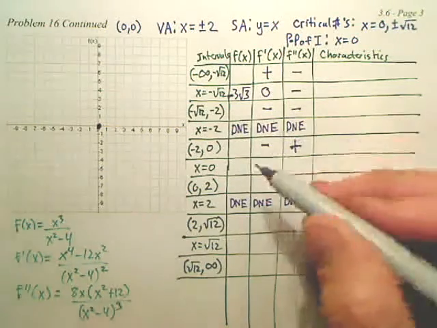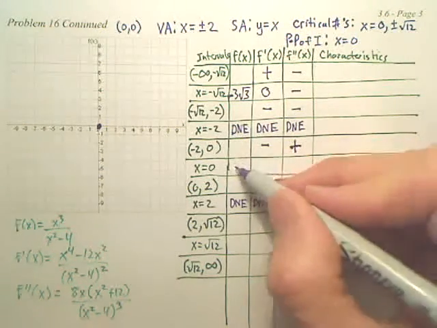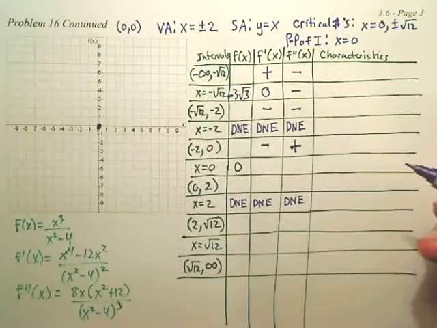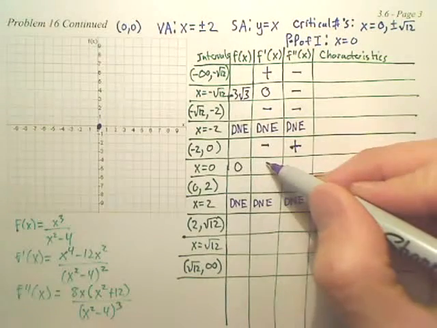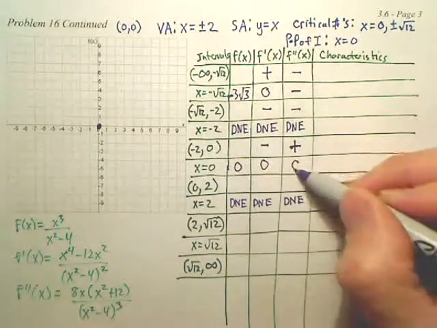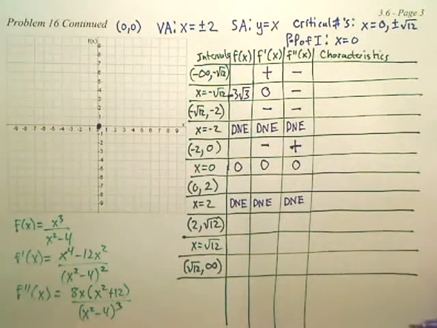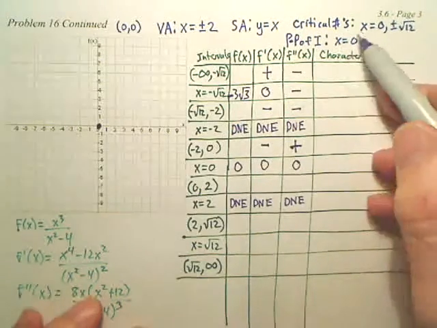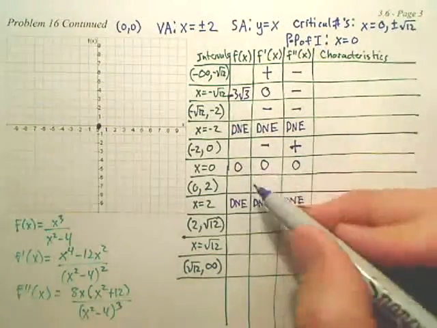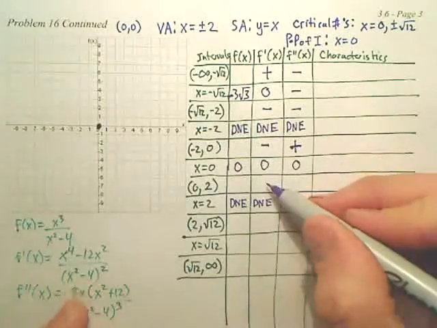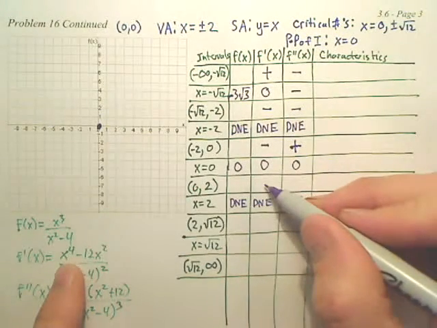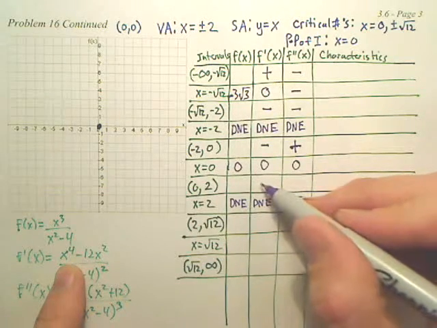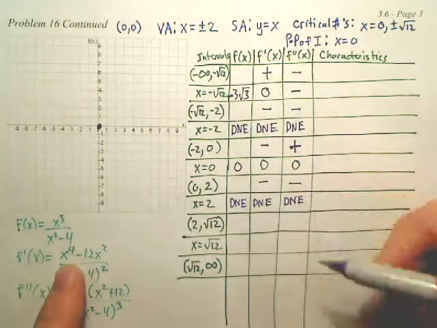Okay. When you plug in 0, we already know that's 0. We already know that the first derivative is 0, and we also know the second derivative is 0. Remember back, critical numbers, points of inflection. When you plug in positive 1 to the first derivative, are you okay if I just tell you it's negative, negative?